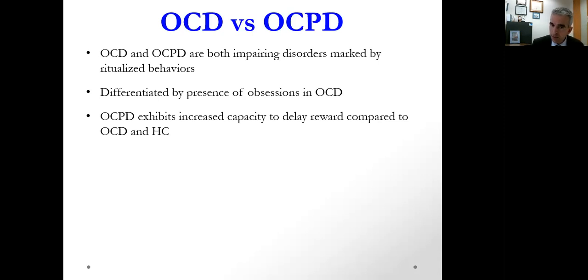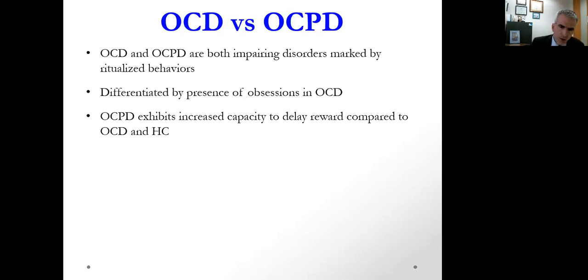Some examples of intrusions or obsessions might be a fear that I'm going to get sick by touching a public surface, a fear that I'm going to hit somebody while driving, or a fear that I'm going to do something that is offensive to God. So those are examples of intrusive thoughts or obsessions in OCD. You don't see that type of content in individuals with OCPD.